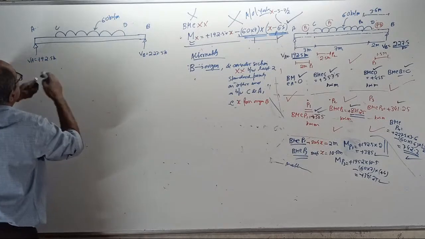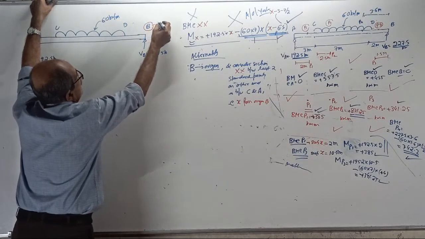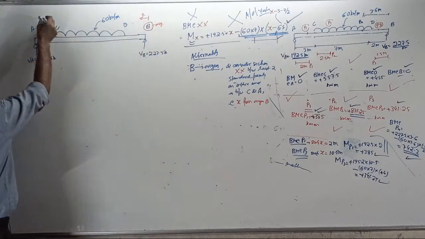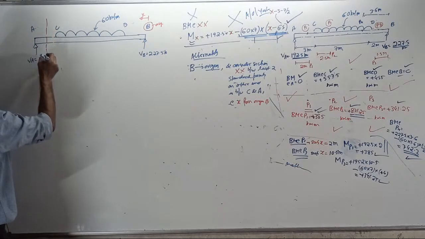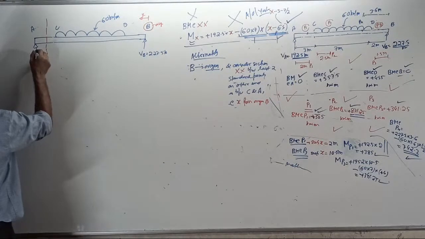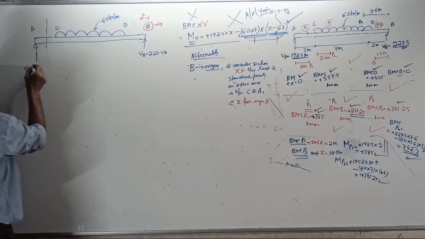Okay, now, section is, our B is the origin. Therefore, your X will go this way now. Section should be between the last 2 points here. See, a reaction VA, come down. I want to put UDL there. VA equal to 192.5 kilonewton.